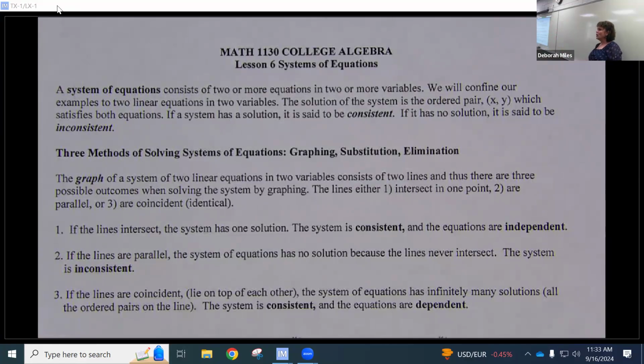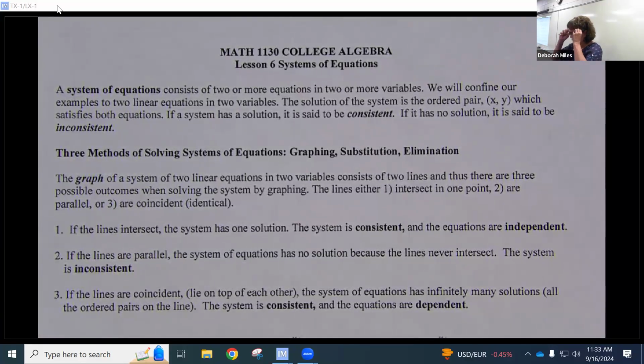We're looking for the values of x and y that make both of the equations true. So that's our definition of what it means to be a solution to an equation. It's what makes the equation true. So for a system, a solution is what makes both equations true.